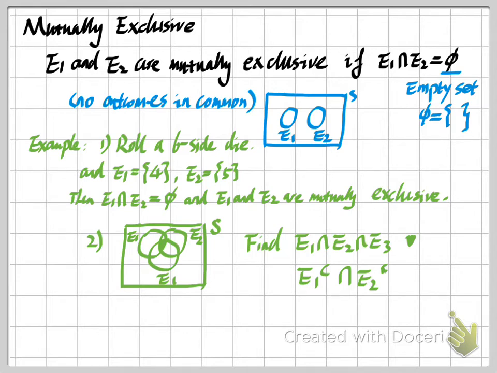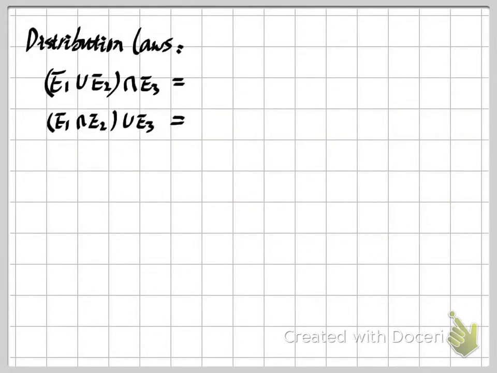But before this, let me give you some laws for computing with sets. This may help you later to find the intersection between the complements of these two sets. So these are the distribution laws and De Morgan's laws.